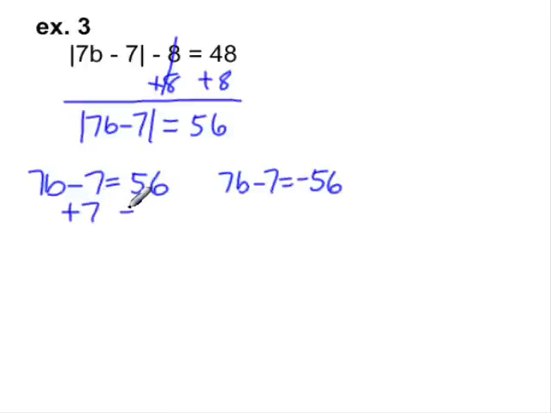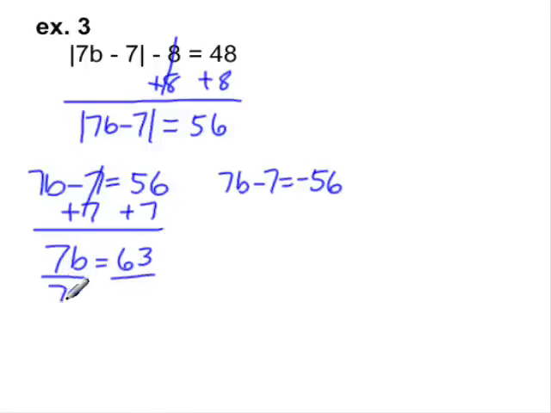And we're going to be solving these 2-step equations the way we have been doing in the past. So we'll add 7 on both sides first, and get 7b is equal to 63. We have to divide both sides by 7. So my first possible solution is 9.